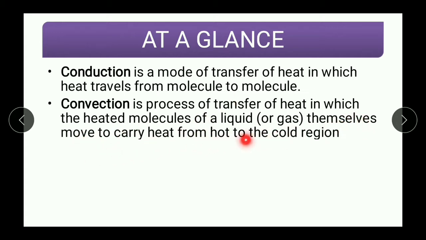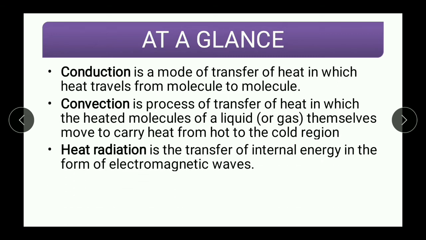So in this convection type of transfer of heat, molecules transfer from one place to another. And last but not the least was heat radiation. It is a transfer of internal energy in the form of electromagnetic waves or radiations. So this heat transfer is because of these electromagnetic waves. These were the three things that we had learnt in the last session.